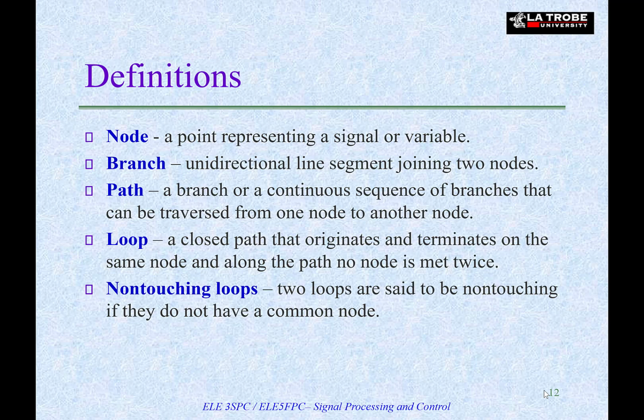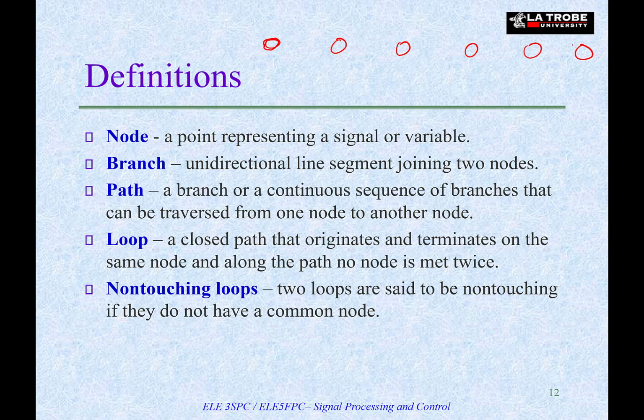Now let's look at a number of definitions that are in relation to a signal flow graph. The first one is a node. Usually, we use a circle to represent a node. So I'm drawing a number of nodes of a system. The next one is a branch.